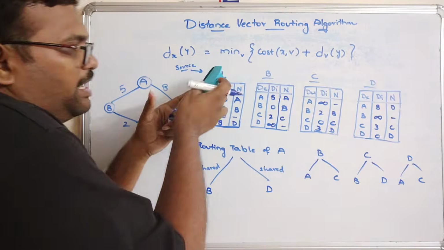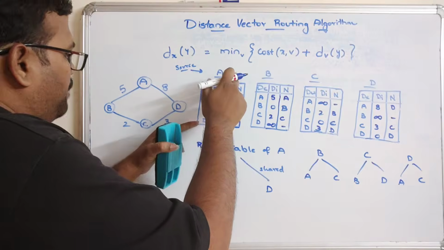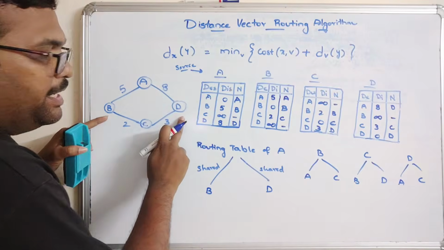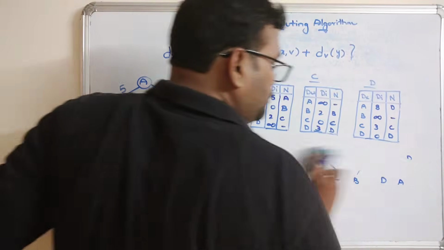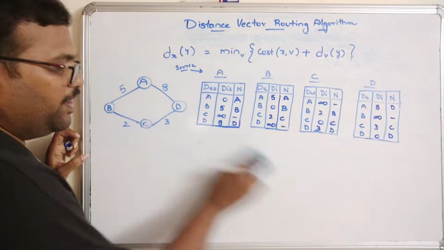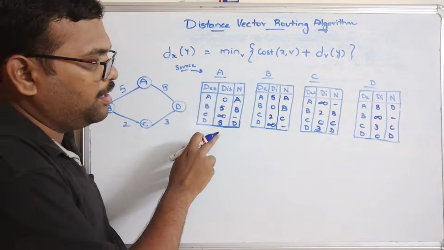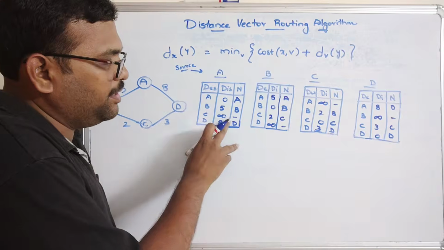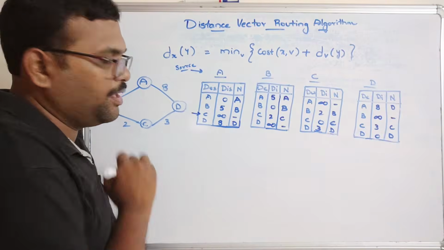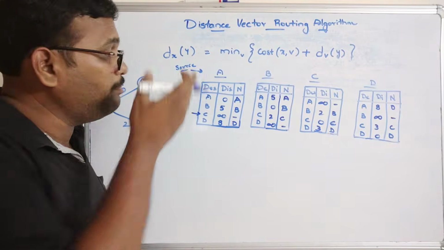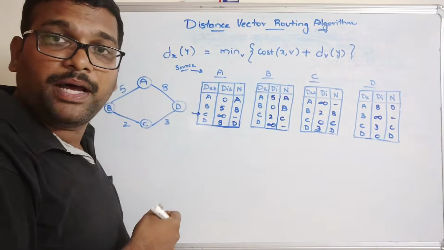First we'll see the routing table of A, which is shared among B and D. In this table we got a path for everything except C. If the packet wants to be transmitted from A to C, there is no perfect path.